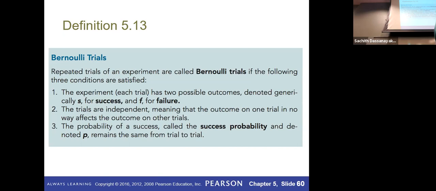Then all trials are independent. Trial number one has nothing to do with trial number five. And the probability of success we simply define as P, and the probability of failure is going to be 1 minus P, because the total probability is 1.